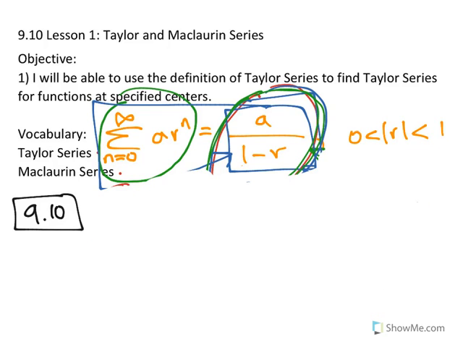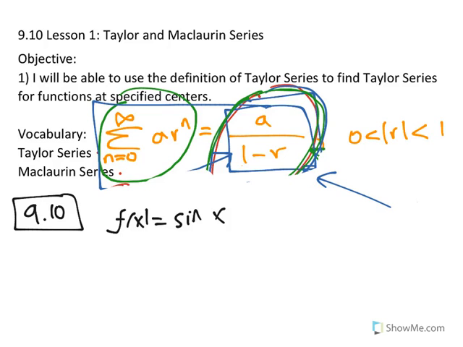There are some functions for which that cannot be done. So the approach that we took in 9.9 will not work for functions that cannot be written in the form a over 1 minus r, or that have derivatives or integrals that can be written in that form. Such functions include f of x is equal to sine x.